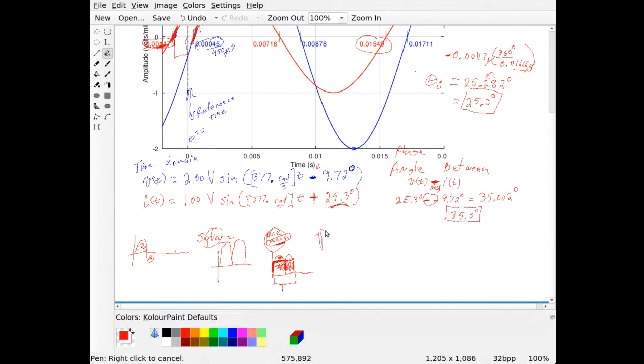So now we have to take the square root. We take the square root of this, and so we have the root mean square, and this gives us the RMS.